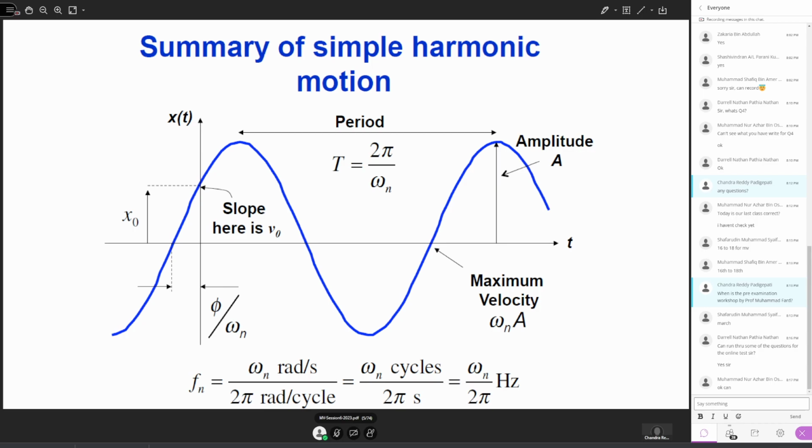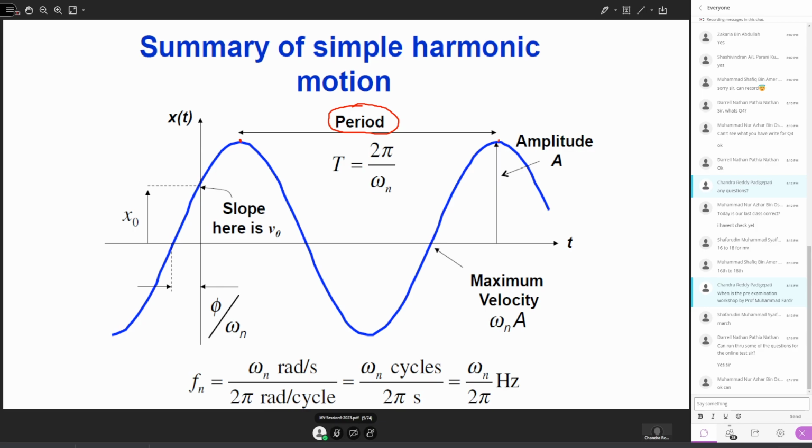So basically in simple harmonic motion, this example defines the period. What is the period of the vibration? The period of the vibration gives you the time taken for one complete oscillation. So if the maximum amplitude is here, then it goes down and comes back to the same level.